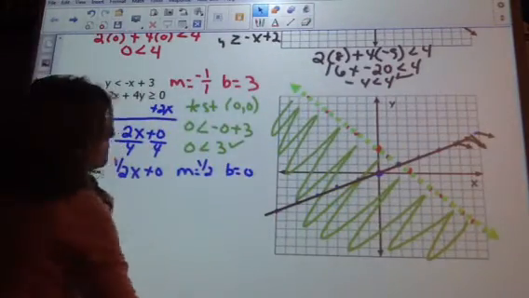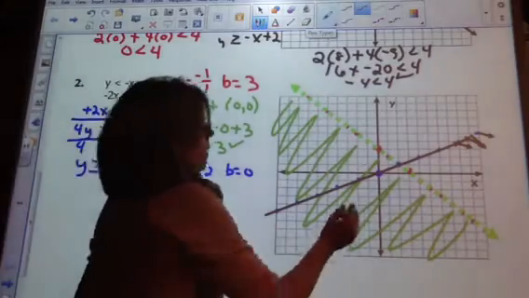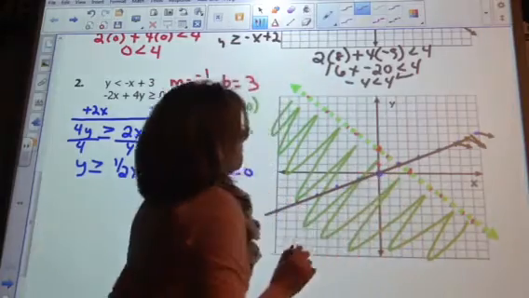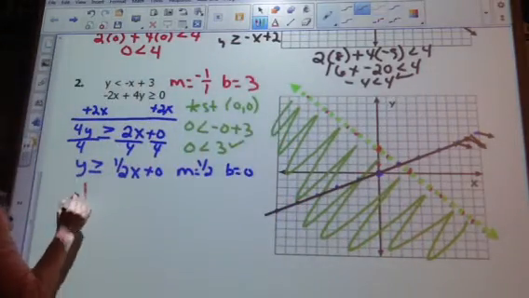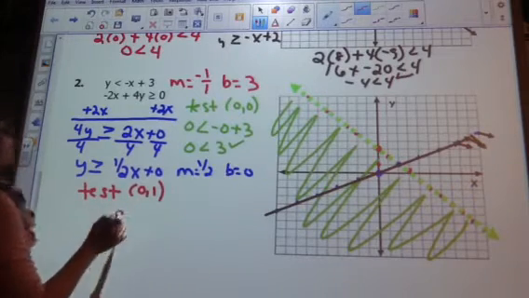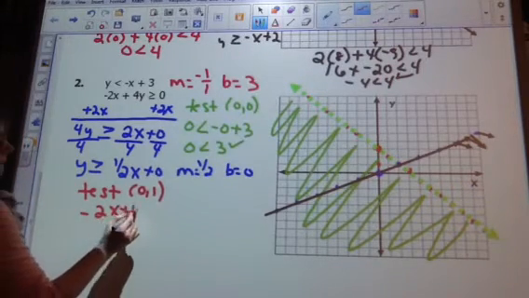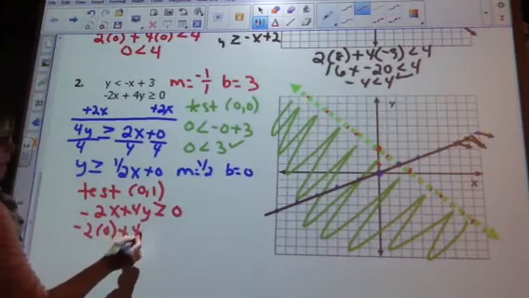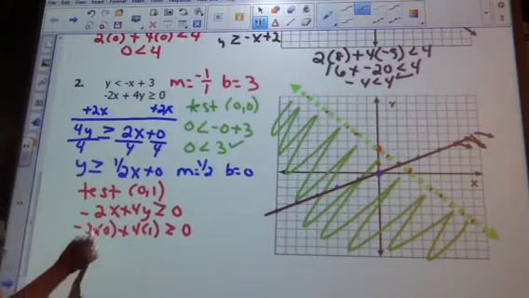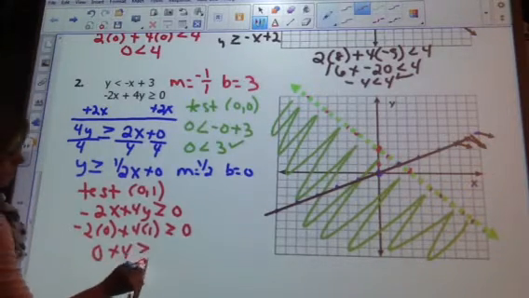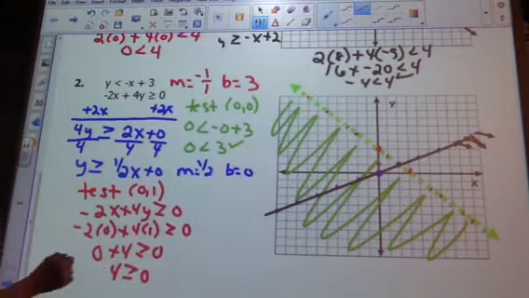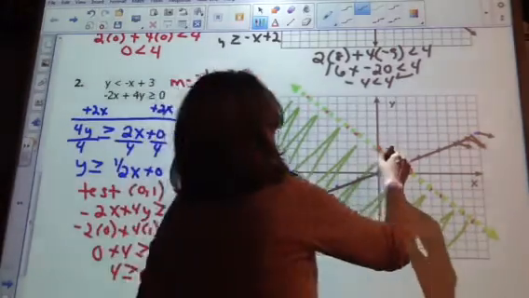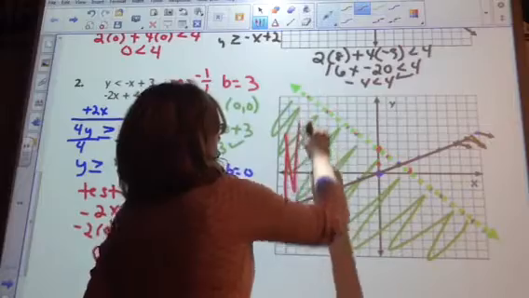Now let's test the solution. It's right on the origin, so let's go above it. Let's test this point right here, that's 0, 1. And our second inequality: when x is 0, y is 1. So is 4 greater than or equal to 0? Yes, 4 is greater, so this point is part of our solution, so we've got to go this way.